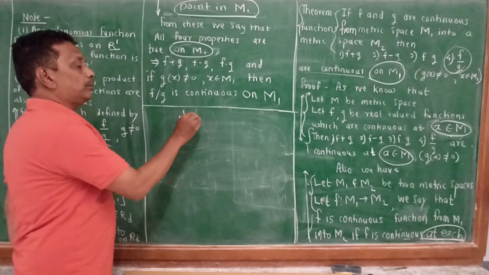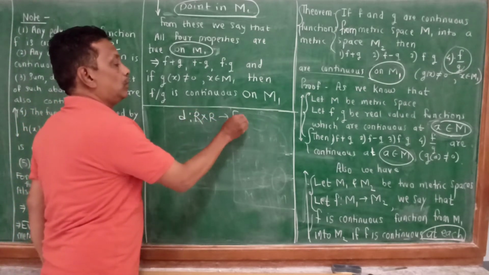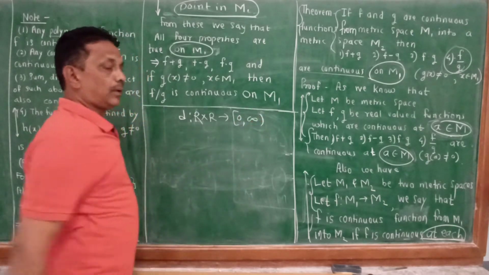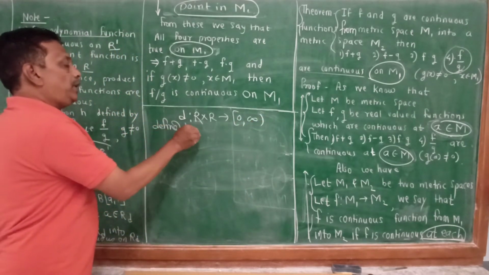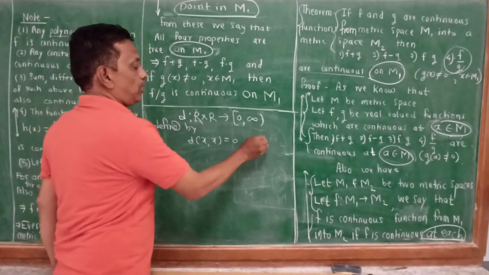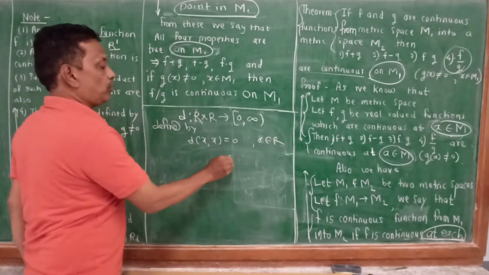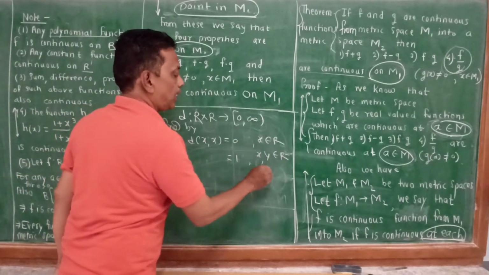D from R cross R to 0 to infinity, defined by d of x, y is equal to 0 if x equals y, and is equal to 1 if x and y belong to R and they are not equal.